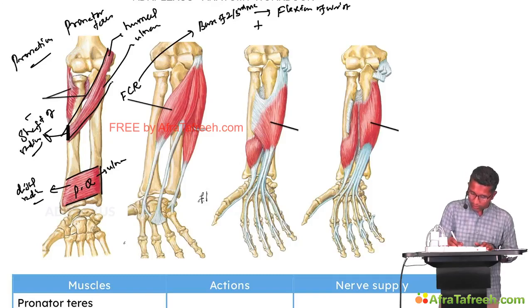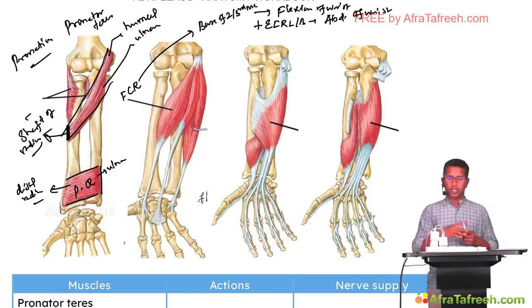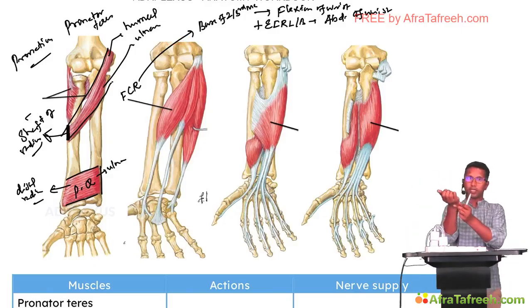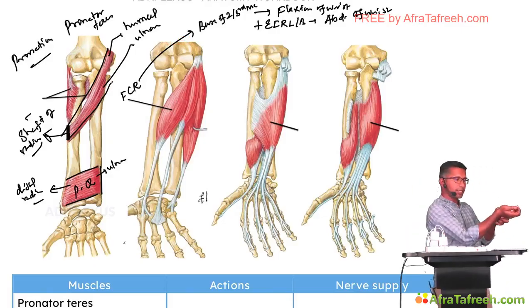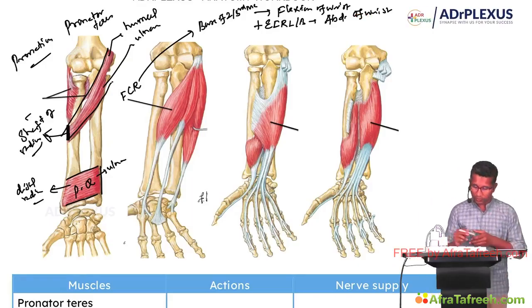When it acts along with extensor carpi radialis longus and brevis, it causes abduction of the wrist. So guys, please remember, when the flexor carpi radialis acts, it causes flexion of the wrist, and when it acts along with the extensor carpi radialis longus and brevis, it causes abduction of the wrist.